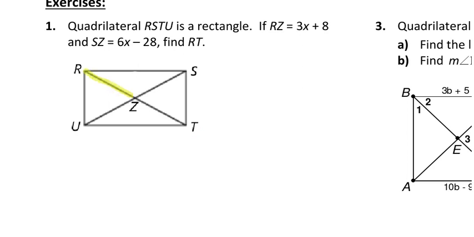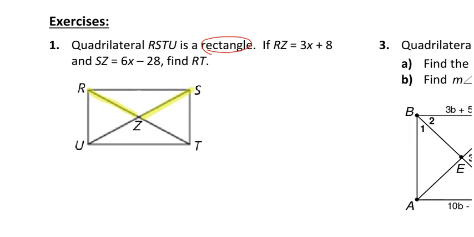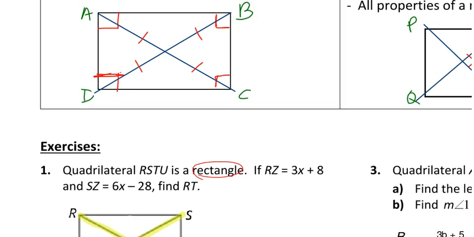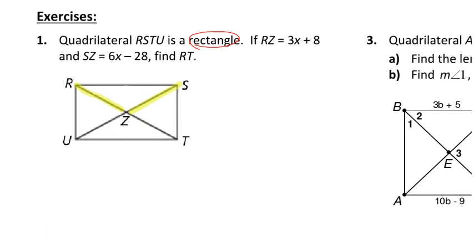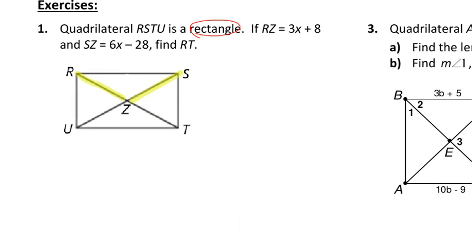and this piece here. And because it is a rectangle, we saw above here that these four pieces would be all congruent to each other. So we can actually use that fact to set up our equation and solve the problem.